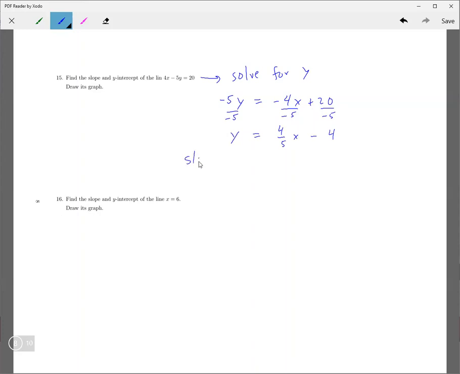Okay, so the slope is 4/5, and the y-intercept is -4, or (0, -4).